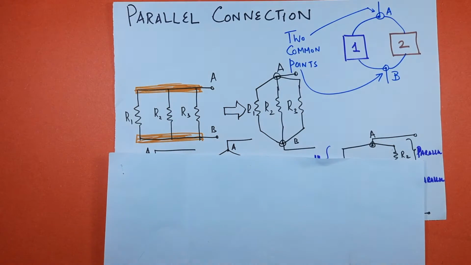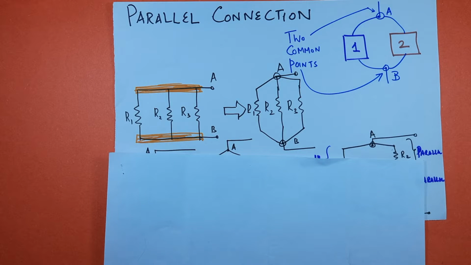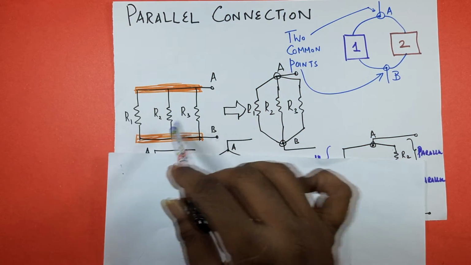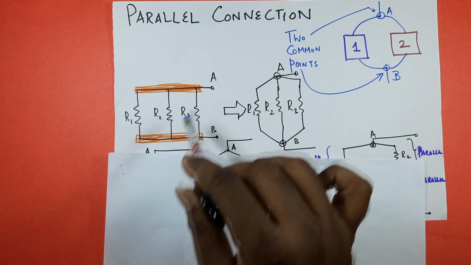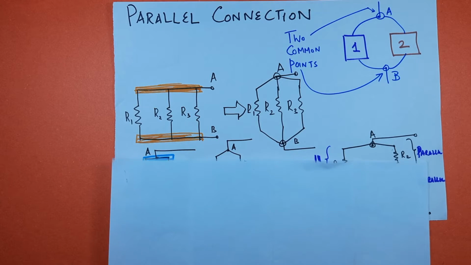One common point is the top point A, and the next common point is the bottom point B. But for clarity, we normally draw the resistors like this. You must be able to identify the parallel connection using this concept, right?